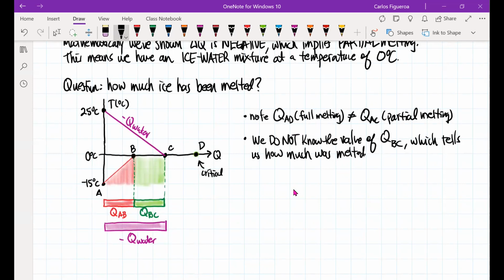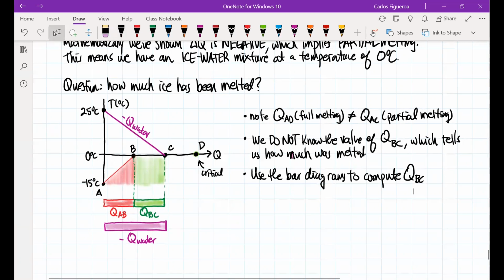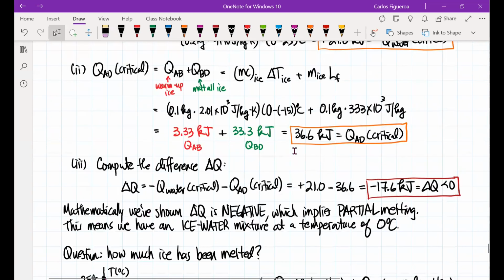So now use the bar diagrams. What we're going to do here is use the bar diagrams to compute QBC. So now let's go look at that. Look at our values up here. We have 33.3, and this 33.3 is what that was for full melting, but it has to be partial melting.